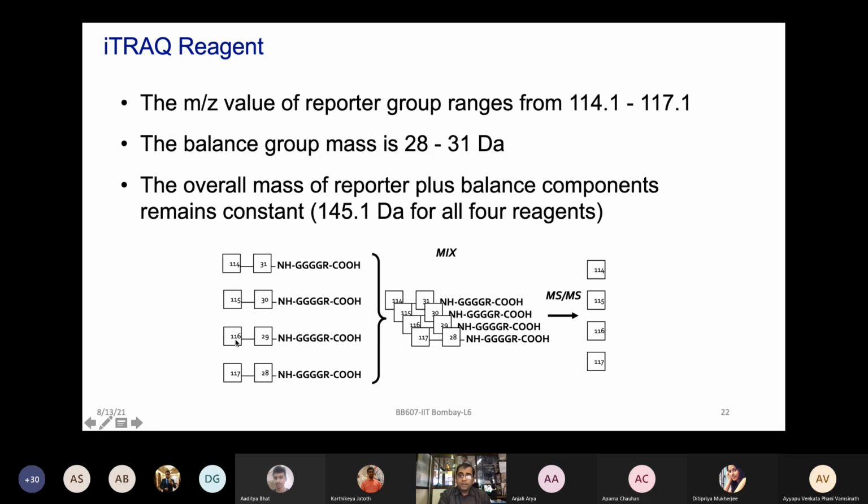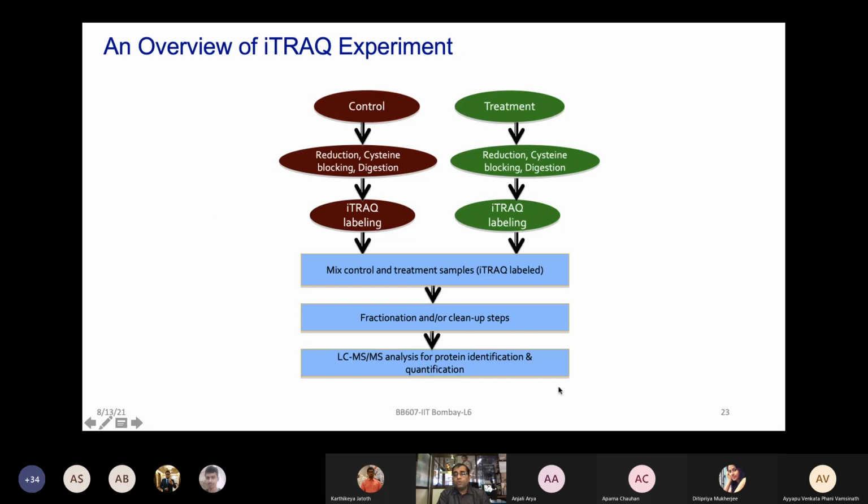Likewise 115 and 30, 116 and 29, 117 and 28. Each one of those is going to give 145 only. Now after doing the labeling, you mix all of them together, run in the same tube, same reaction, now in the liquid chromatography followed by MS and MS/MS analysis, and you are going to look at the fragmentation pattern of those.